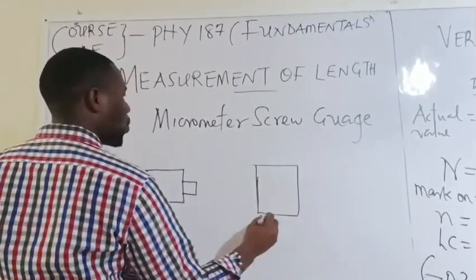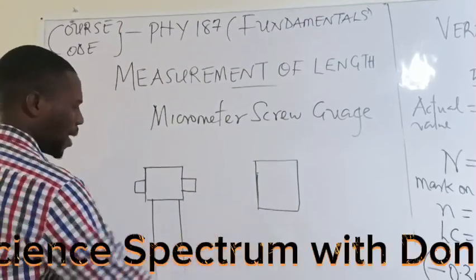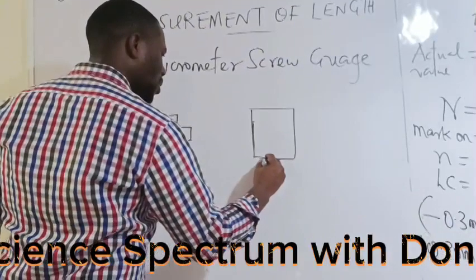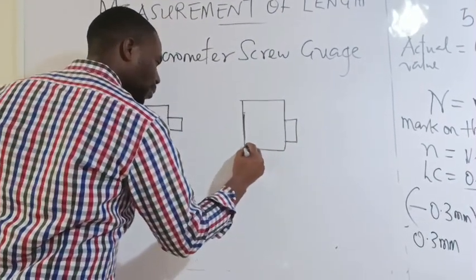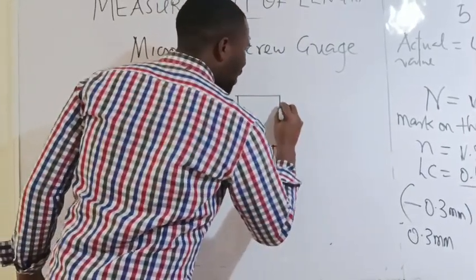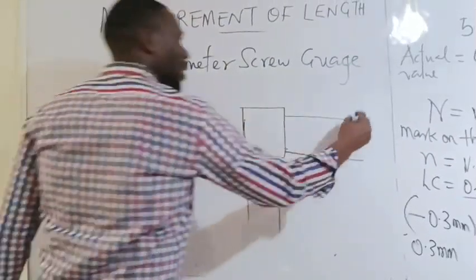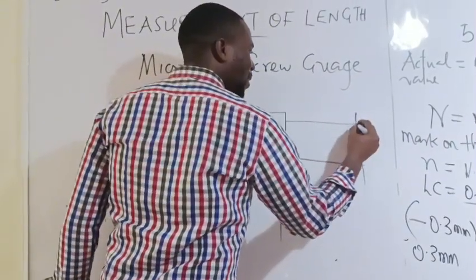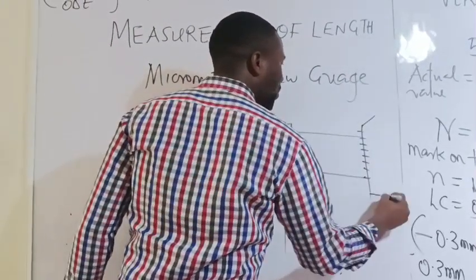So there is a metallic frame here. The same goes with this. There's another metallic frame here, like so. Then I have a linear scale here. I will explain this shortly. I also have a circular scale here, with some markings like so.